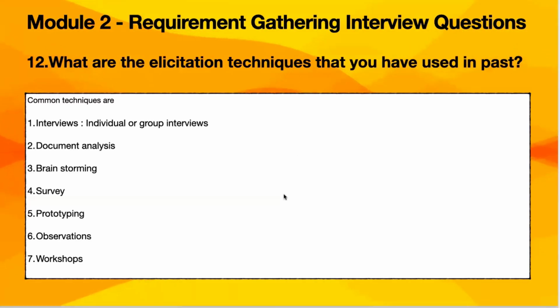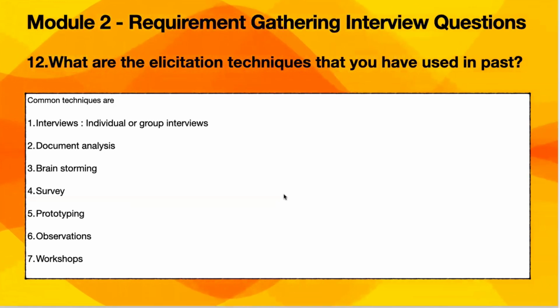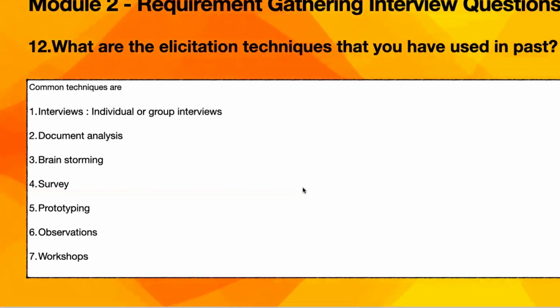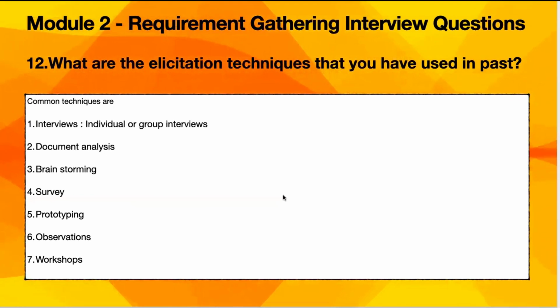And the next question is, what are the elicitation techniques that you have used in the past? There are so many techniques, but I have listed the top 7. First is interview. Interview in the sense you are calling the essential stakeholder, asking them certain standard questions, and getting the answers.